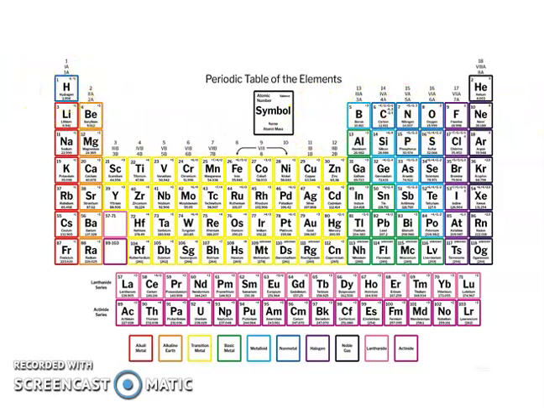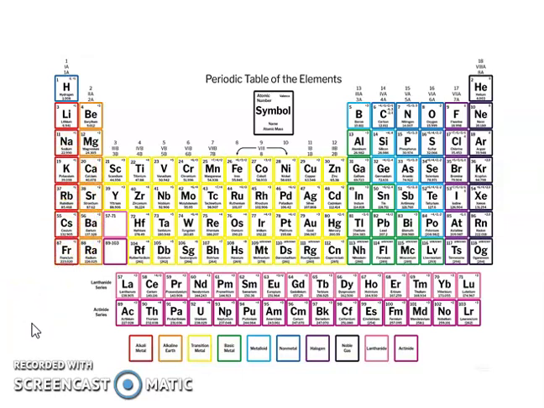And the column here is called a group. All the elements in the same group have the same valence electrons, and all the elements in the same row, which is also known as the period, have the same number of electron shells.